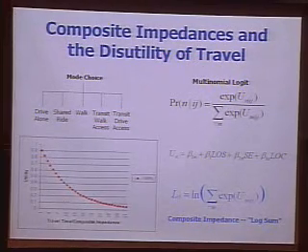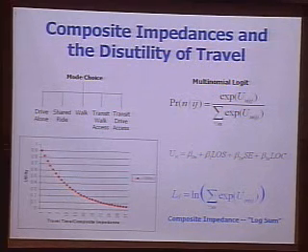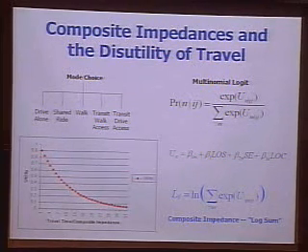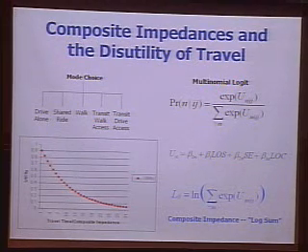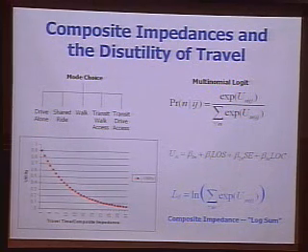An important concept in this is the idea of composite impedance, because when we talk about accessibility in terms of a land use model, we're looking at basically the utility of travel between any pair of zones or grid cells or whatever it is.